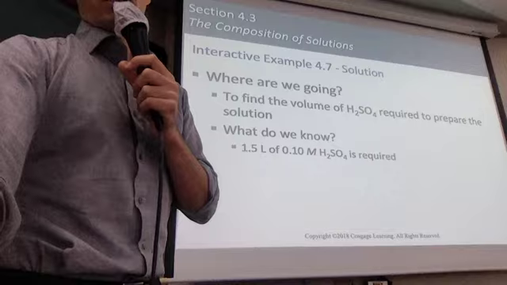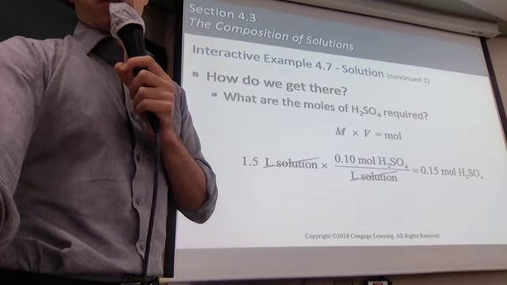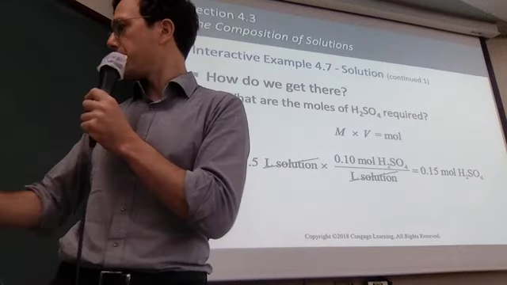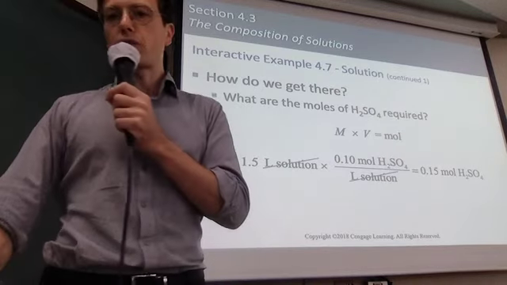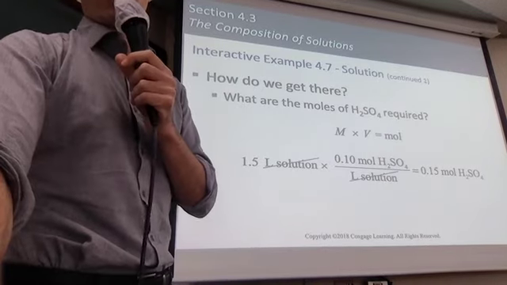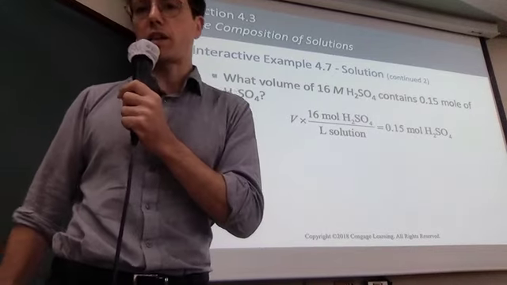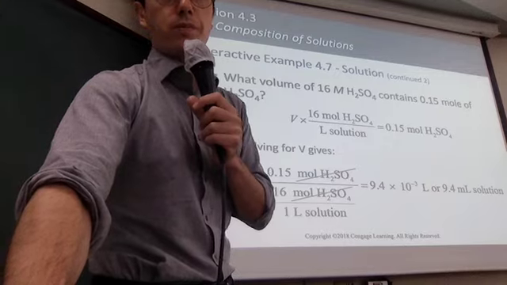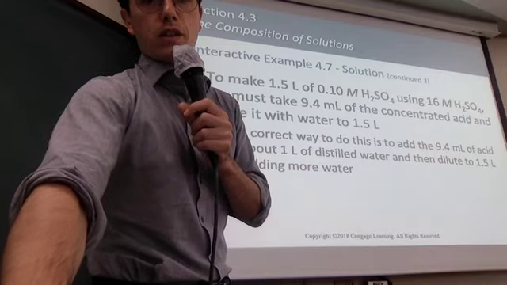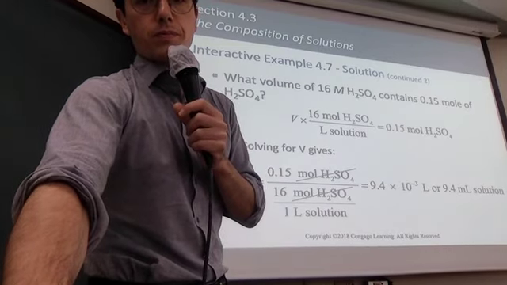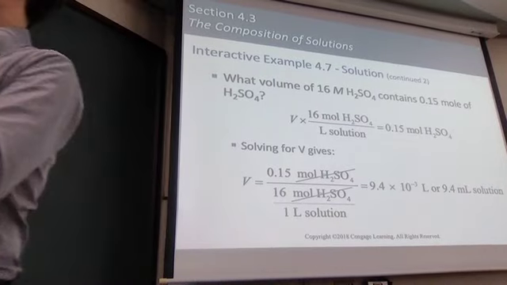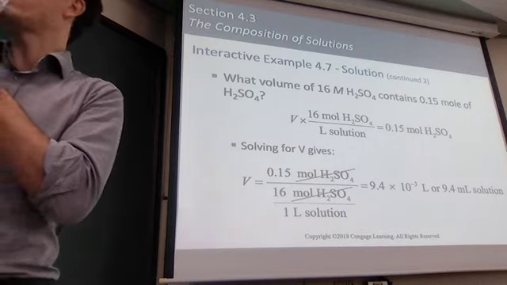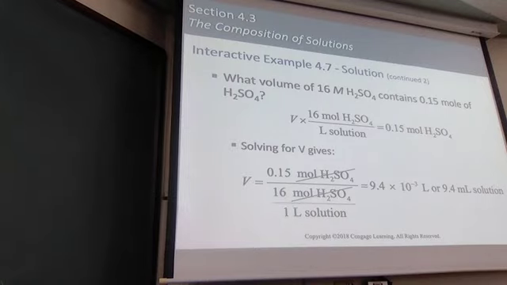So in this case they do it in 2 steps. They first multiply the volume with the concentration. They get 0.15 mole. And then we take this one and divide it by the concentration, 16 moles per liter, and then we get the final volume, which is 9.4 milliliter, right?